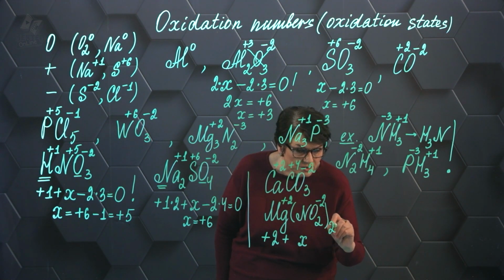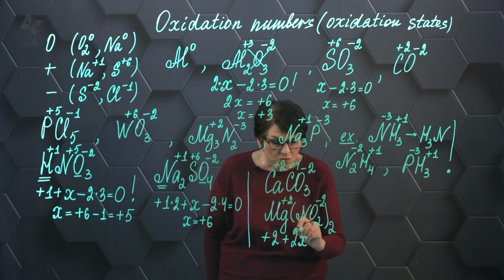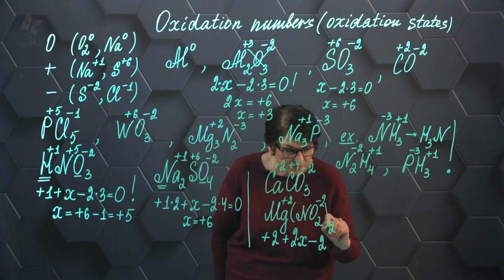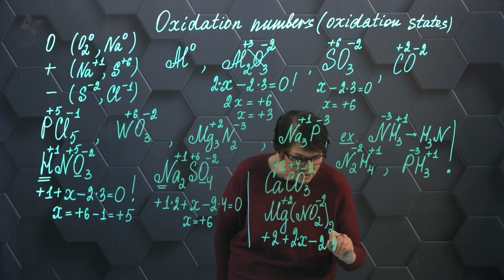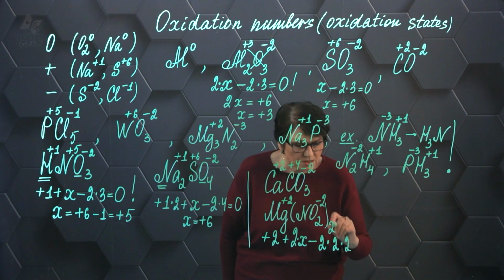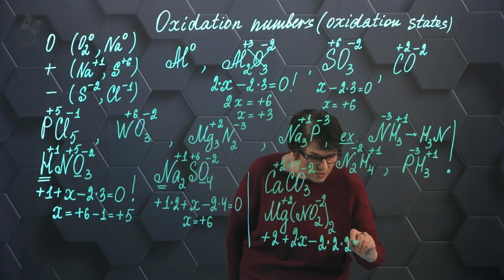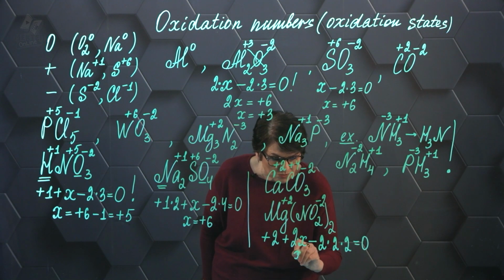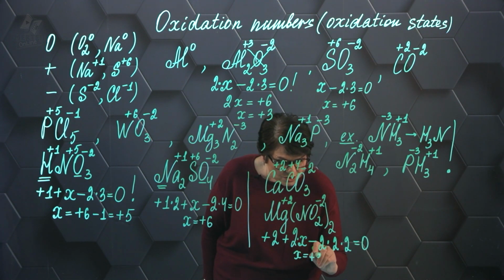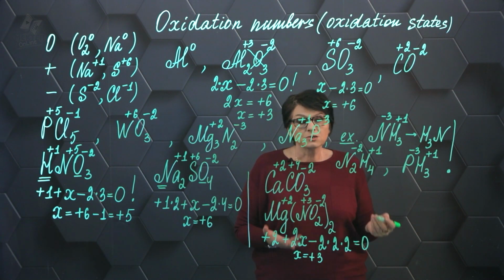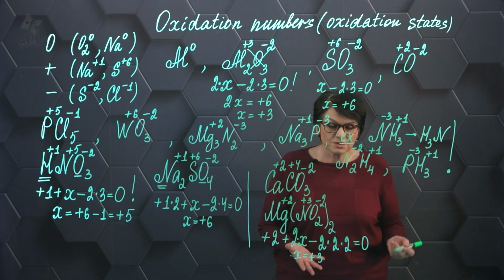But since there is a 2 behind the bracket, 2 multiplied by x minus, and then I strongly advise you, so you don't get confused, the index behind the bracket times the index of oxygen and the charge that oxygen has, the total is 0. So from there, x is going to be equal to +3. Again, you're doing these calculations. Of course, I'd like you to learn how to do them quickly.